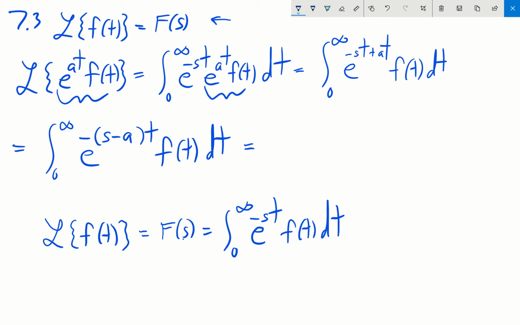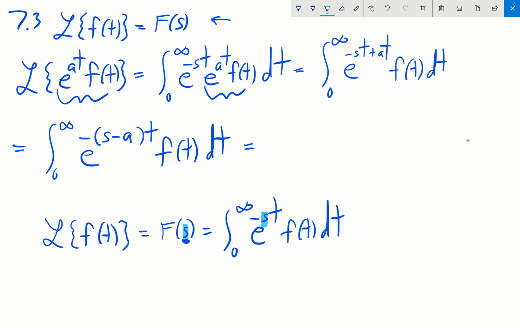And remember, capital F is a function of s, where s is kind of like the coefficient that's between the negative sign and the t. Okay, so that's what our capital F is a function of.